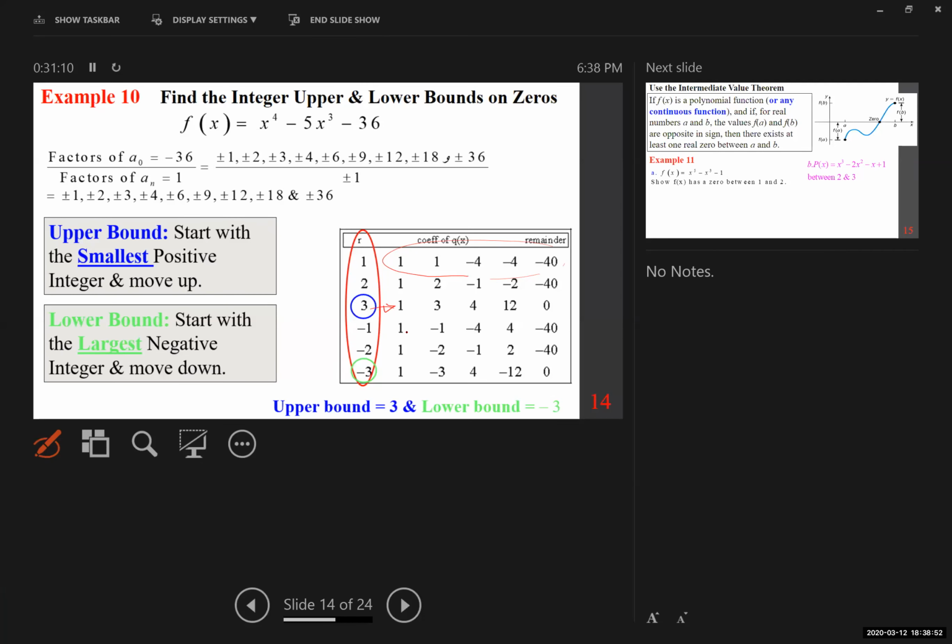So if I look at negative 1 as an example, is this alternating? The first number is 1. The second one is negative 1. The third one is negative 4. It doesn't alternate, does it? So that's why it's not an answer. However, this one does. And that's why -3 is your lower bound.